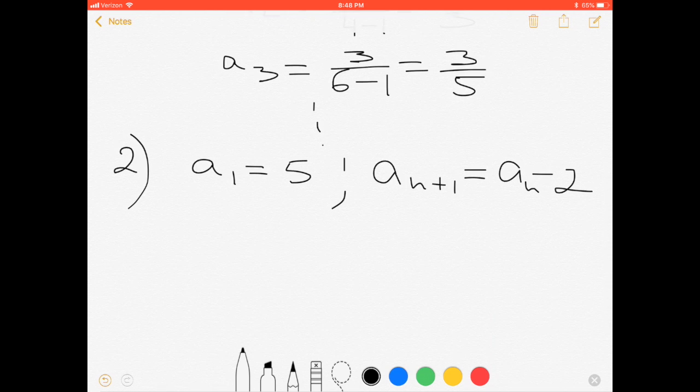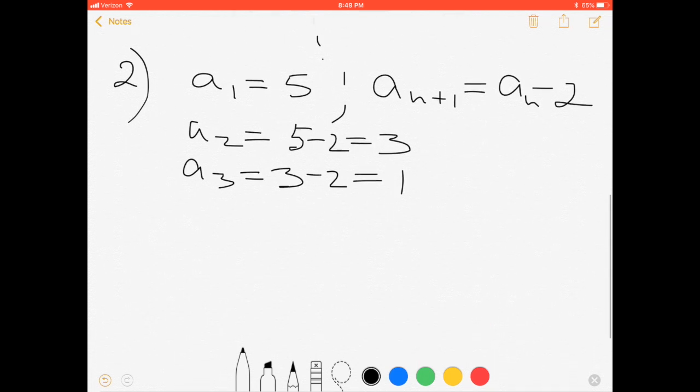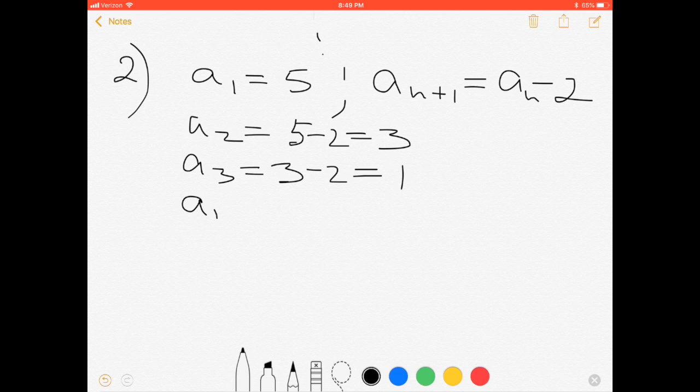We can compute them. The second will be a_1 minus 2, which is 5 minus 2, it will be 3. The third will be a_2 minus 2, this means 3 minus 2, it will be 1. The fourth will be 1 minus 2, it will be negative 1, and you can continue computing all elements.